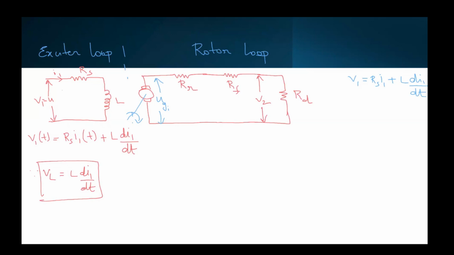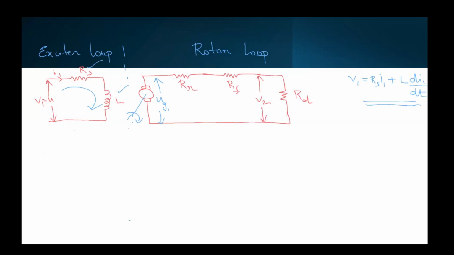For this loop, when you use Kirchhoff's laws, we can write the equation of this loop as V1(t), the voltage supplied at the input, is equal to the voltage across this resistance and the voltage across the inductor. So Rs I1(t) plus L di1/dt, since the voltage across the inductor is L di1/dt. I have written it on the right top. We will use this equation later.